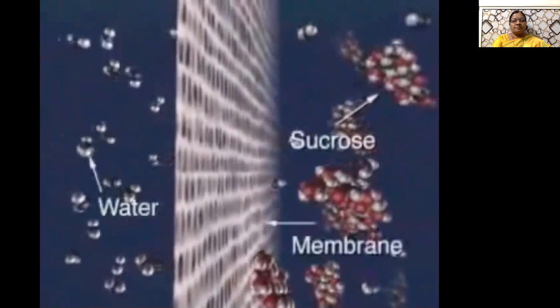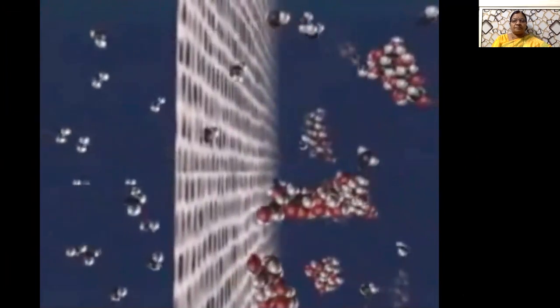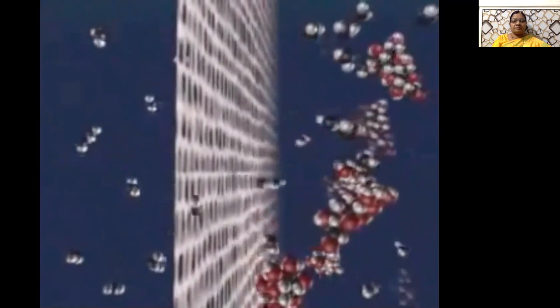This membrane separates pure water on the left from a solution of sucrose and water on the right. The membrane is semi-permeable. Water can cross it, but sucrose is too large for the membrane's pores. Water molecules will move from a solution with a lower concentration of solutes to one with a higher concentration of solutes.